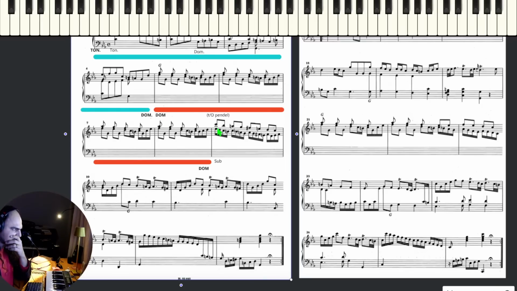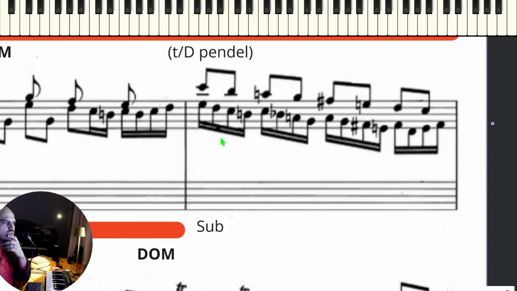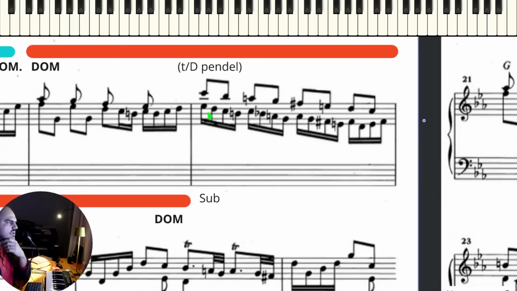And you can determine the chord by asking the question, can this be understood as one of the chords of the main functions, so the tonic, subdominant, and dominant?